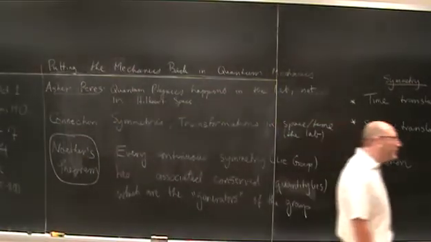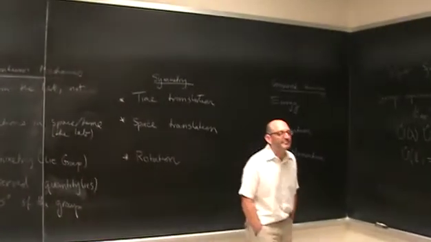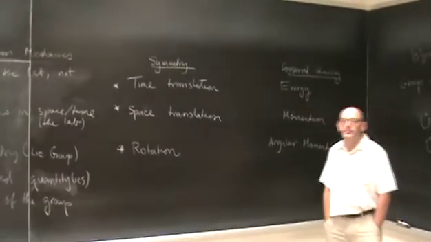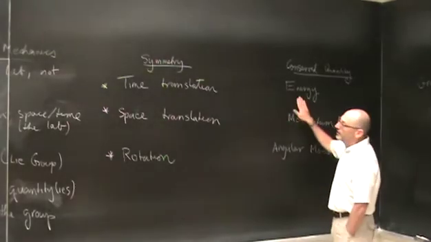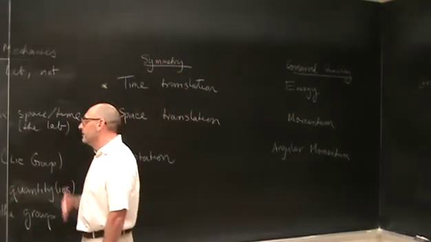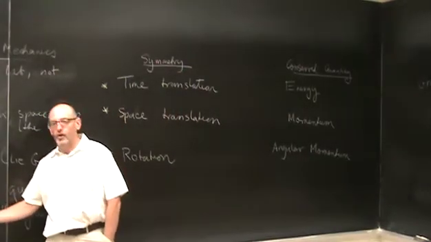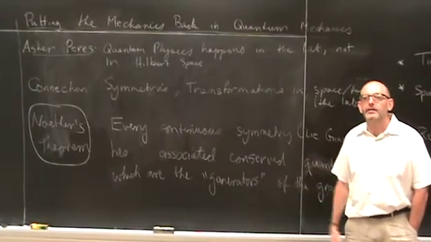Okay? So the reason that energy is conserved is to the degree to which the laws of physics are time translationally invariant. Okay? So time translation is associated with conservation of energy. And what Noether's theorem tells us is that those conserved quantities are the generators. So that term we want to define as well.